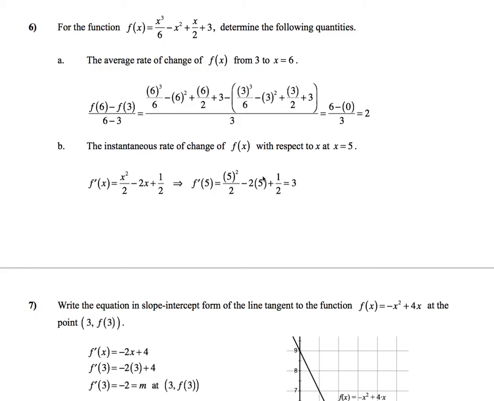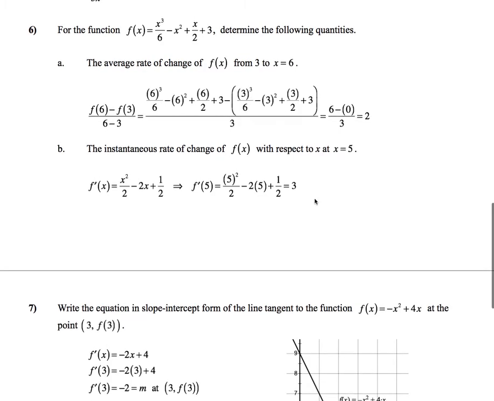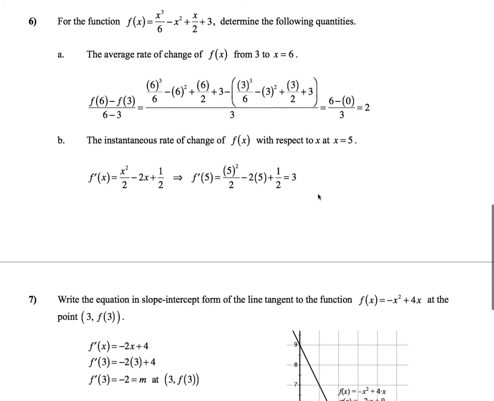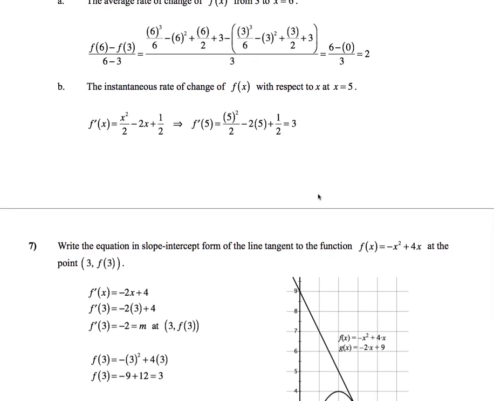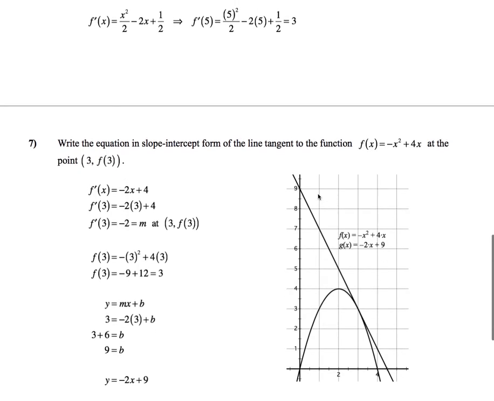That makes it 6 over 2, and 6 over 2 is 3. So once again, this evaluation is actually simpler than it might at first appear when you see that you have fractions. I did that on purpose, and I think that the question on the exam has a similar kind of layout.